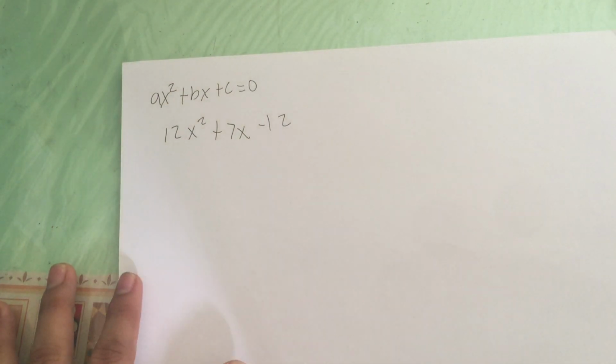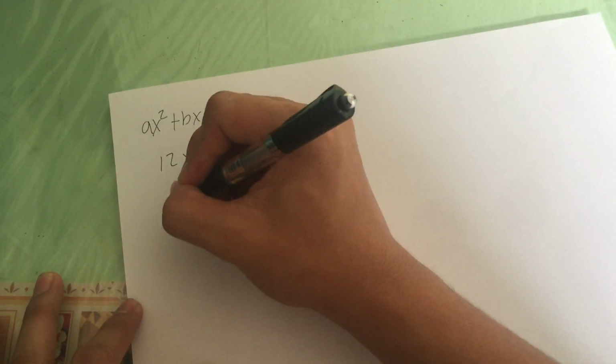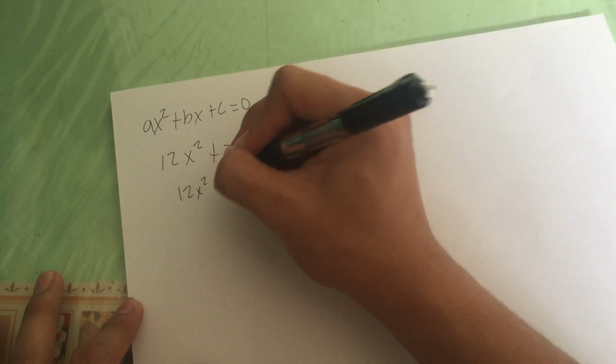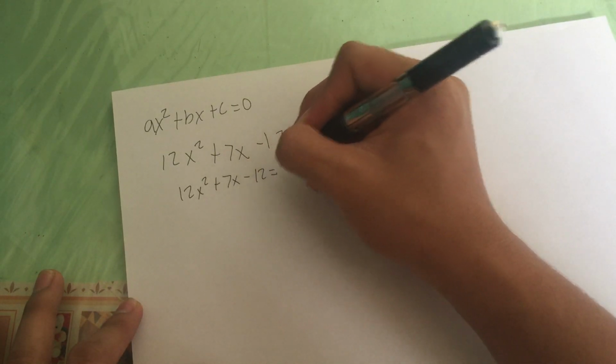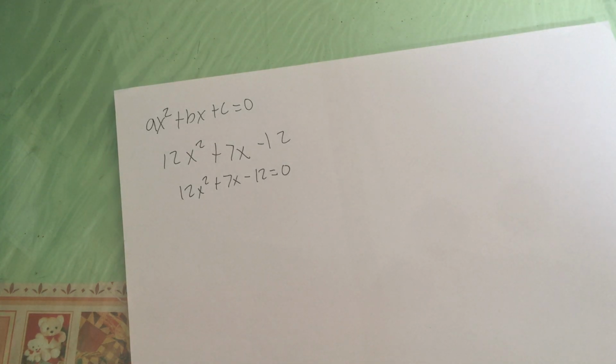What we're going to do first is copy the problem, which is 12x squared plus 7x minus 12 equals 0. Okay, now that we know the problem, let's start.